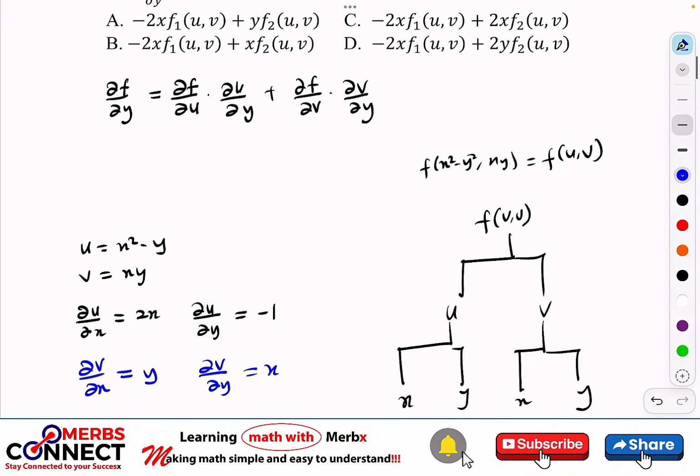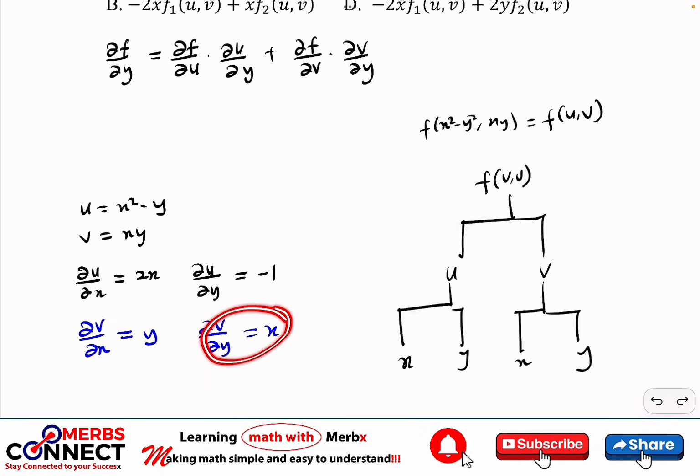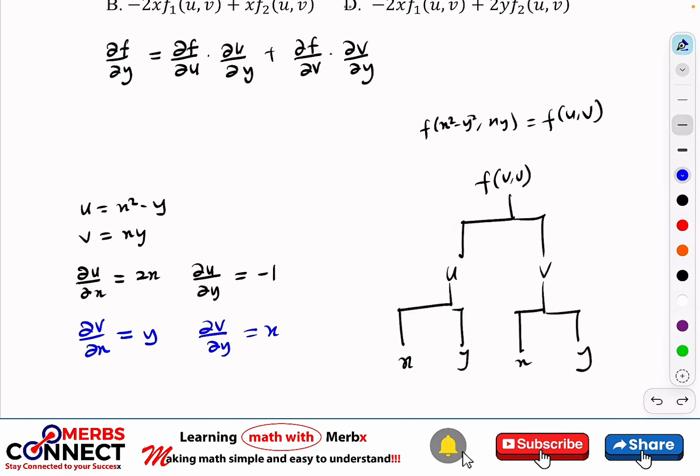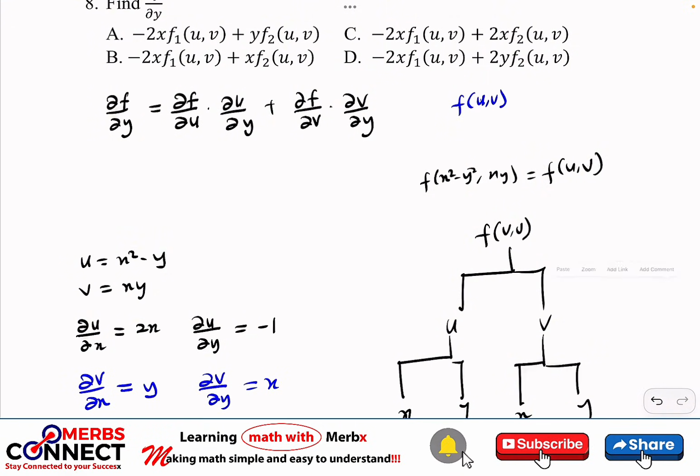What do we need? We need this one and this one. Don't forget that when you have something like f of u, v, we assume that u is coming first and v is coming last.